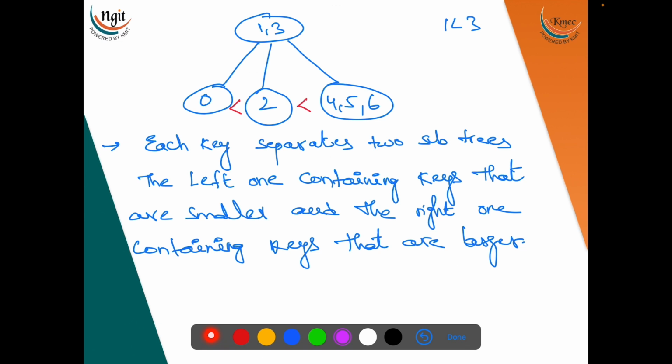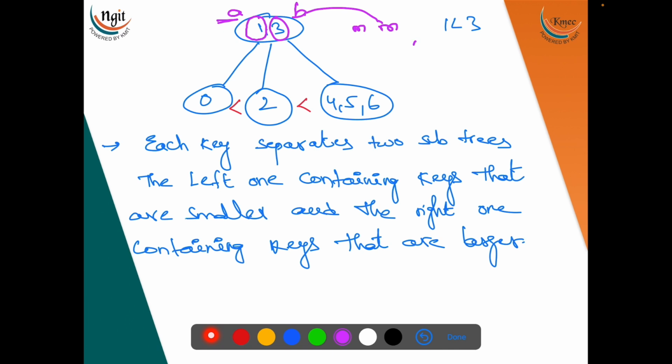I'm taking here a 1, 3 tree. Here you can see 1 is represented as A, 3 is represented as B. I told you in the previous slide that A represents the minimum number of children and B represents the maximum number of children.